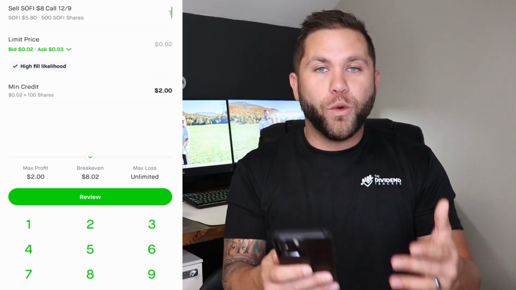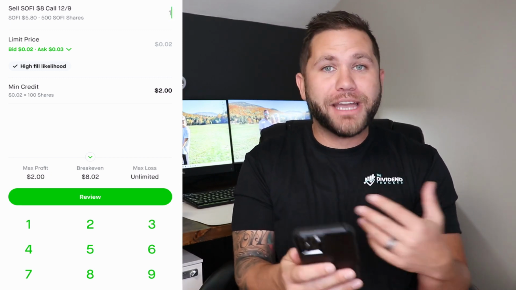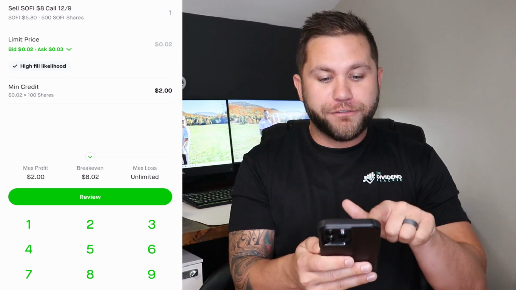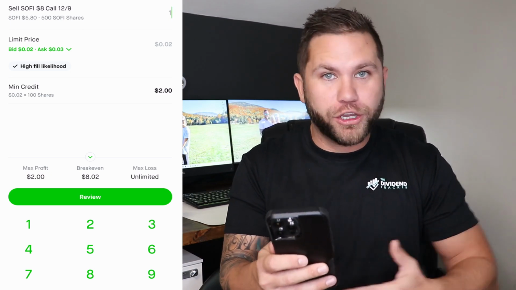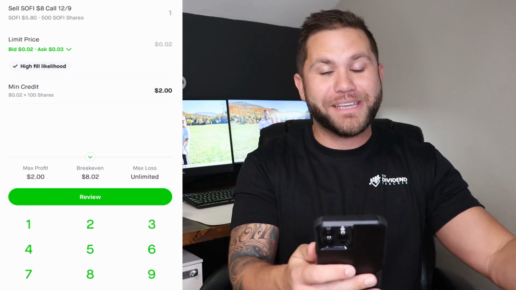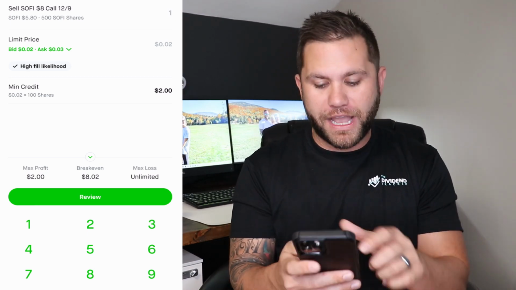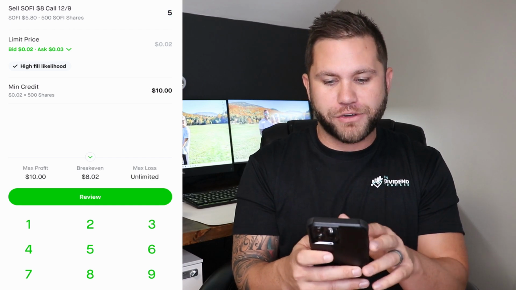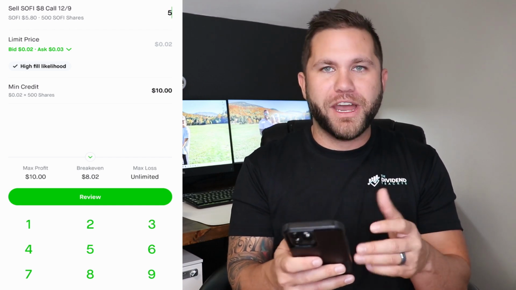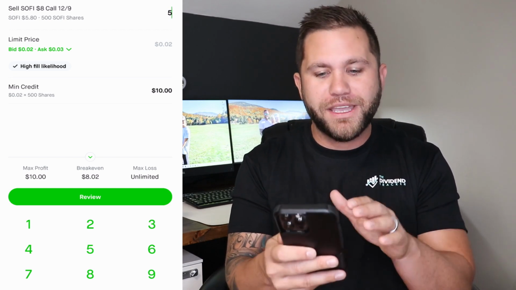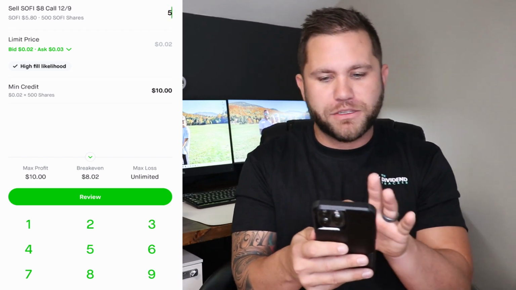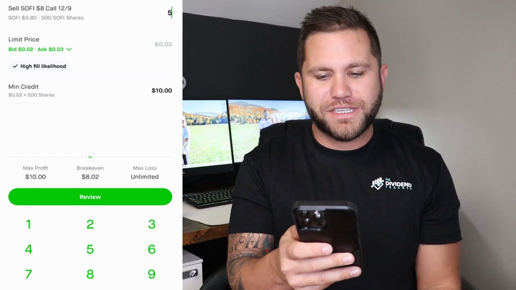Now with agreeing to that trade, I am actually going to earn money from these credits. So you can see here, this limit price here is now not what it cost me to make the trade. Now this is what I'm getting paid to make the trade. So if I come in here and I click 5 contracts, and again, bid-ask spread, if you're selling options, if you want this to get filled right away, you typically have to go more towards the bid price. So let's say we're just going to stick at the 2-cent mark here.